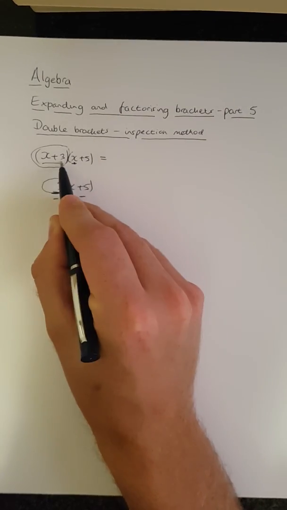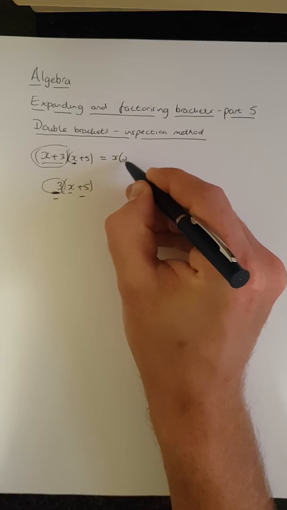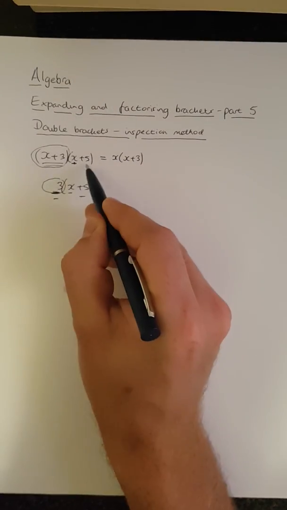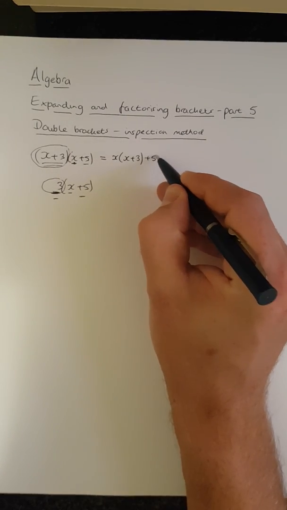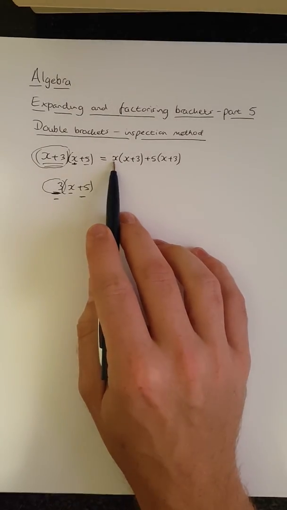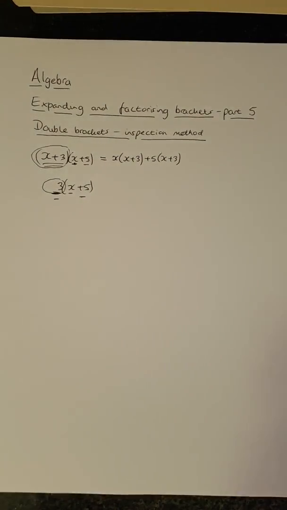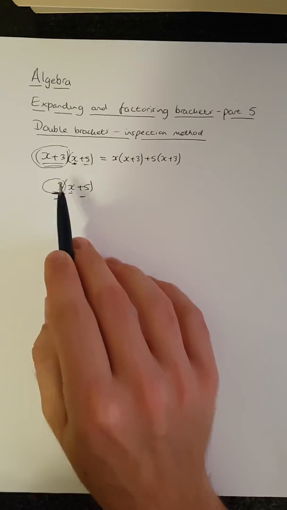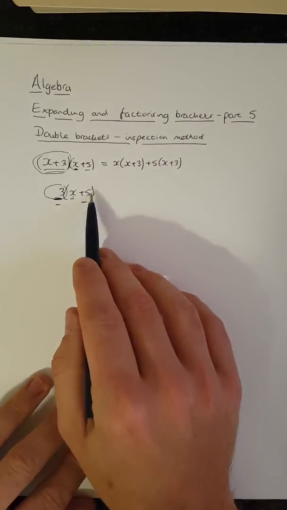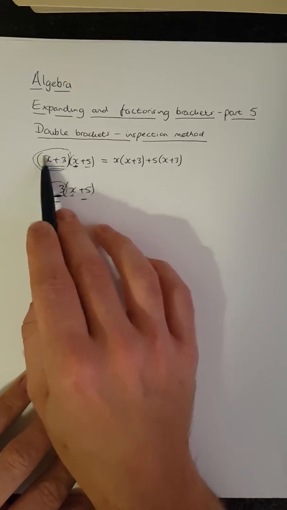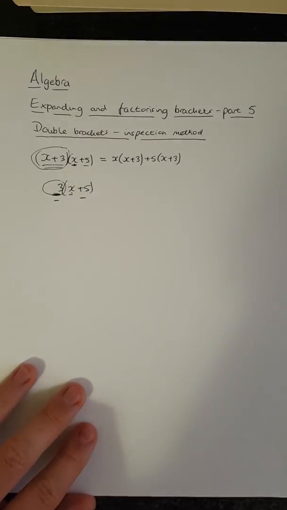So that's this times x. And it's this times 5. The reason I write the x at the beginning is it just looks neater. So it was the thing outside times the first one, the thing outside times the second one.